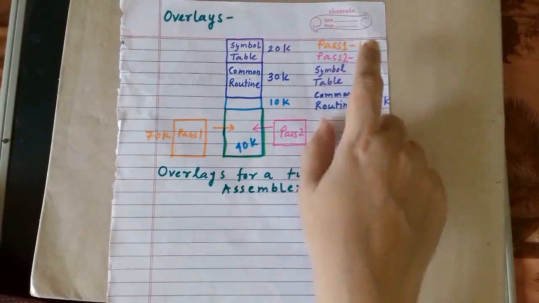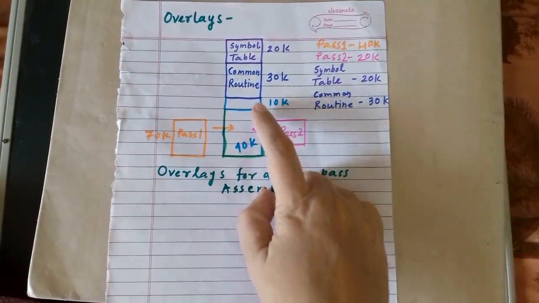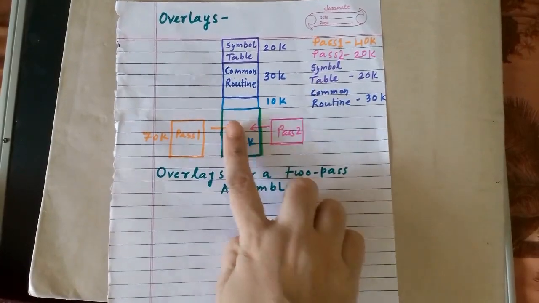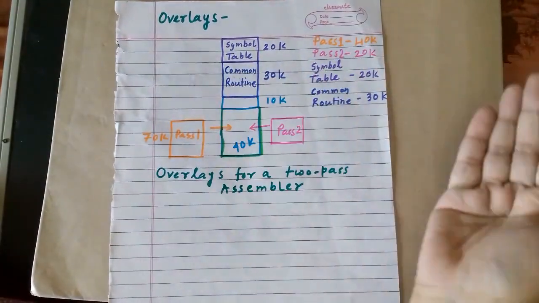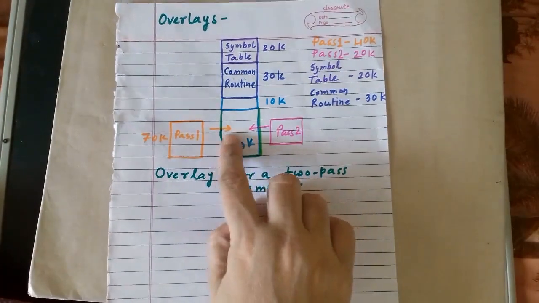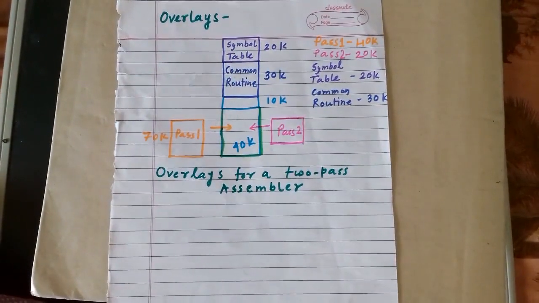Whenever pass 1 has to be loaded, it takes 40k, and I have exactly 40k memory space available. So we load and execute pass 1, then we remove pass 1 from memory and load pass 2, which needs only 20k, so half of the memory is available. So with the help of the overlay technique, we can accommodate a program in memory whose size is larger than the main memory.